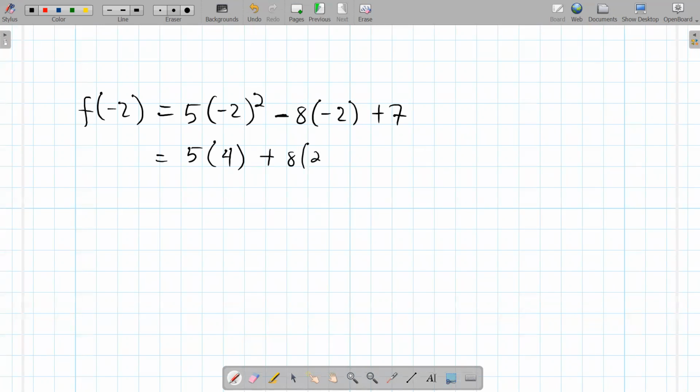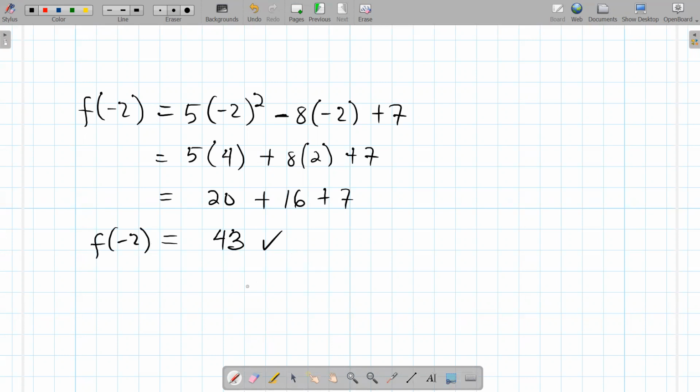Then 5 times 4 gives you 20, plus 8 times 2 gives you 16, plus 7. And then you can go ahead and add. So 20, 16, and 7, when you add up all together, that will give you 43. You're all set. So that means that f of negative 2 is 43.